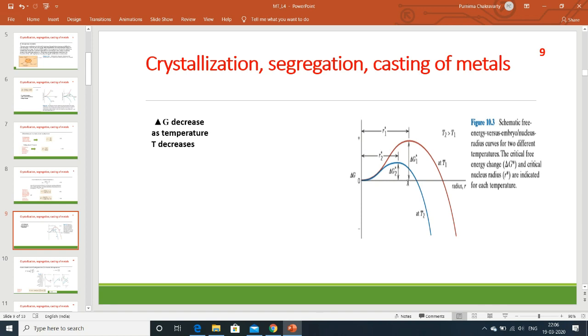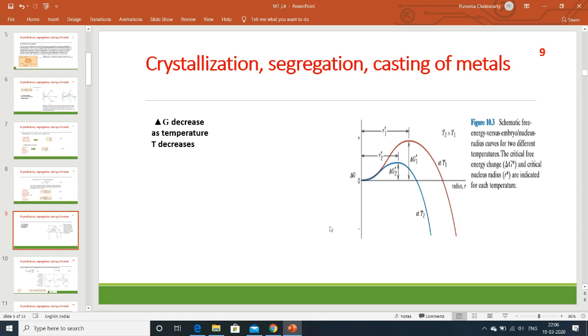And here when we plot it, we found that for T1, which is a lower temperature, we have a higher value of critical radius. But for the temperature T2, the value of critical radius is less, as well as the value of the critical free energy for homogeneous nucleation. So hence we can conclude that del G decreases as temperature decreases.